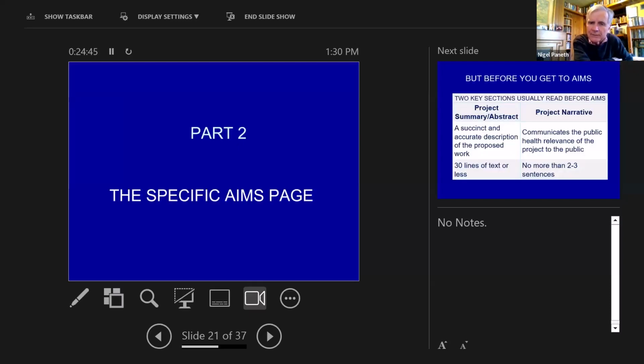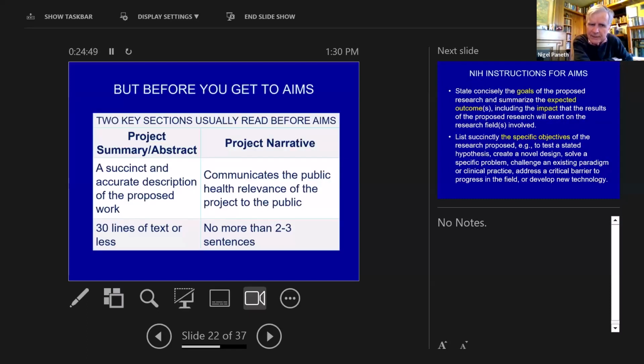Now, let me talk a little bit about creating the specific aims page, which is the core of the grant. Before you get to aims, there are two little sections that are read before the aims: the abstract or project summary, which is limited to 30 lines of text and summarizes everything. I don't believe that these abstracts play as large a role in the decision process as the specific aims page and the rest of the project description.